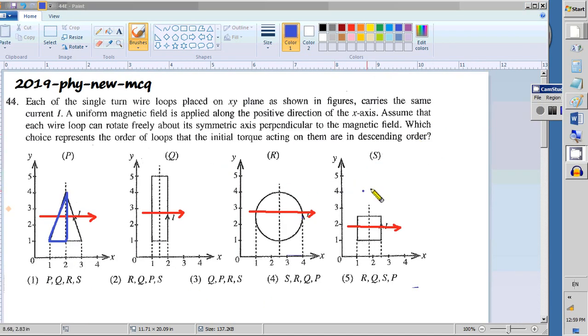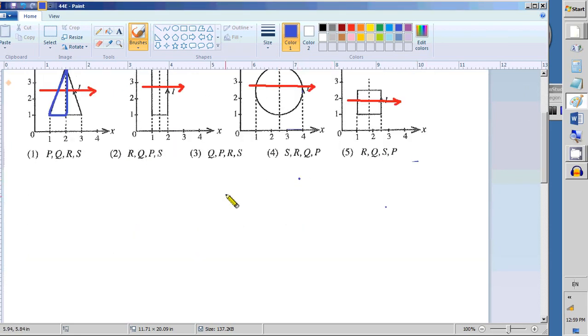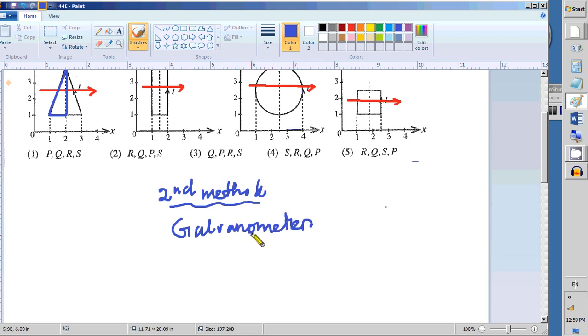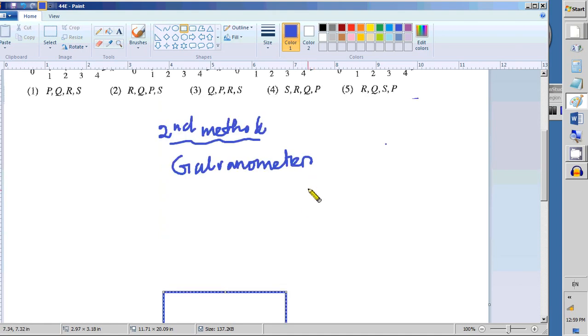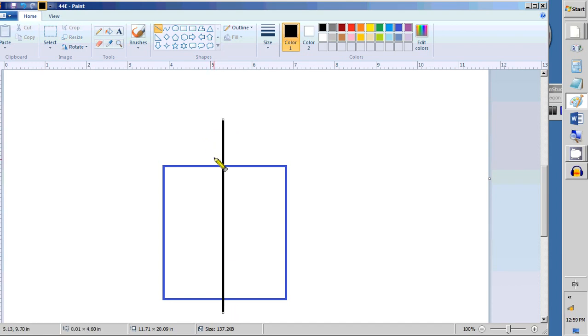So children, now let us go to the second method, that is shorter. You must have learned the lesson on the galvanometer. The galvanometer has the same type of loop, the same type of axle, and the same type of magnetic field like this.